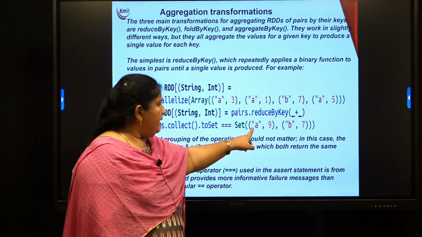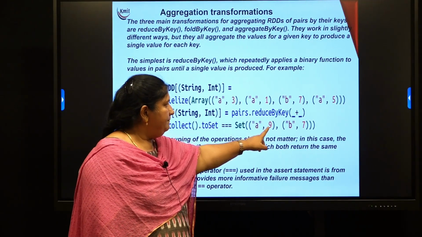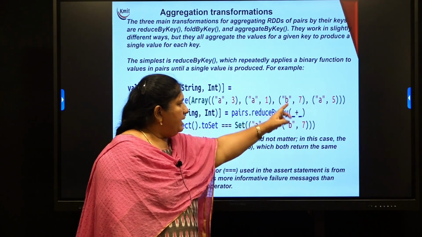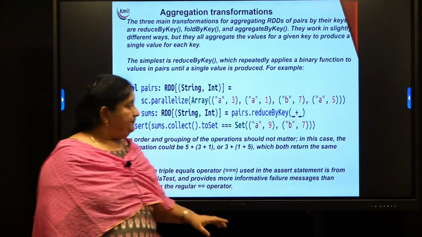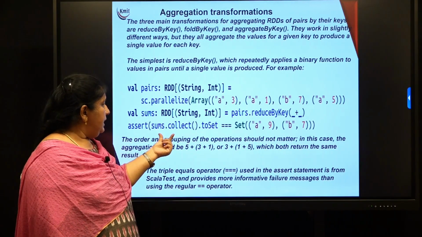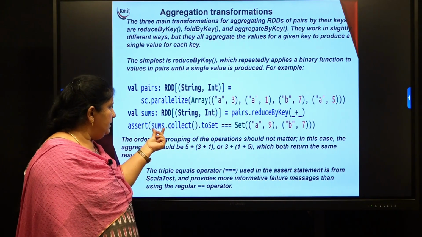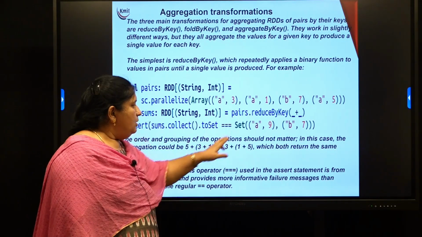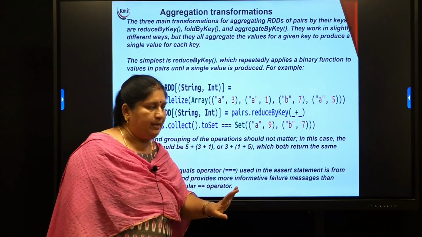So for key A, the summation value we are getting is 9. For key B, there is no matching one, so it comes as it is. Key is B, value is 7. So once you finish the operation on the sums variable, ascertain whether it is equal to A with 9, B with 7.